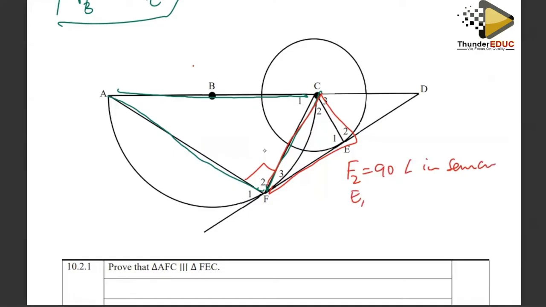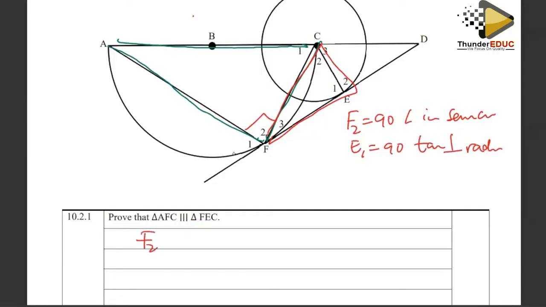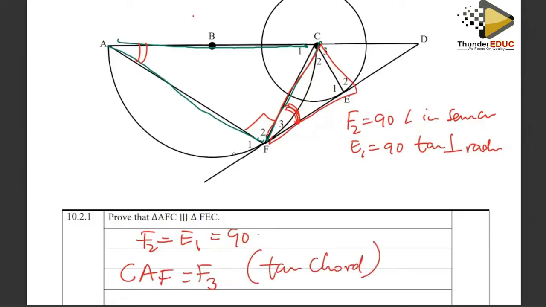We know that E1 is also a 90, a tangent perpendicular to a radius, meaning that F2 is the same as E1, which is 90. Then 2, we can see that F3, this angle here, is the same as this angle here. So angle CAF is the same as F3. That is basically the tan chord theorem.